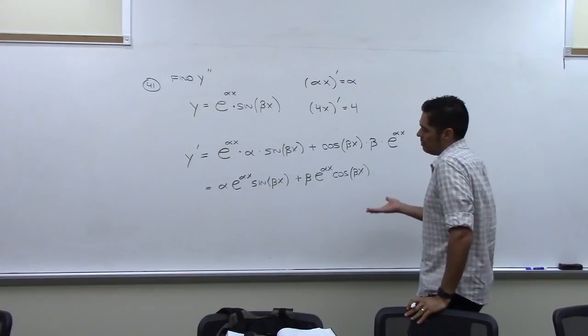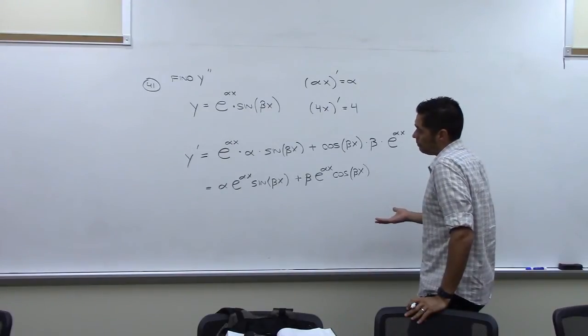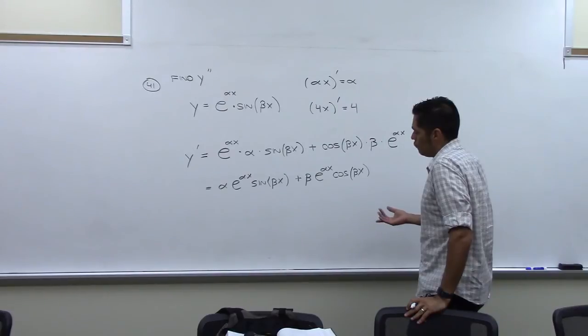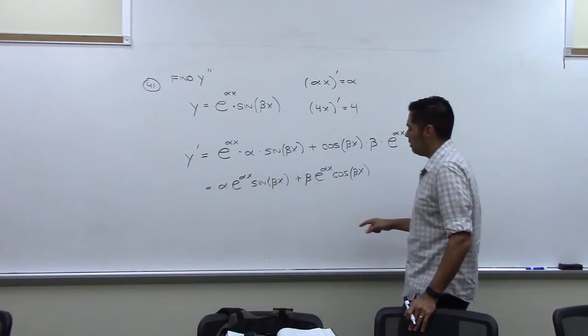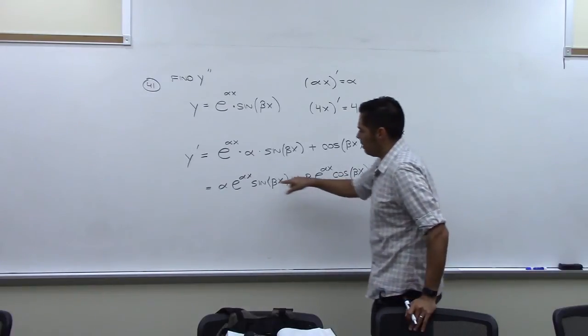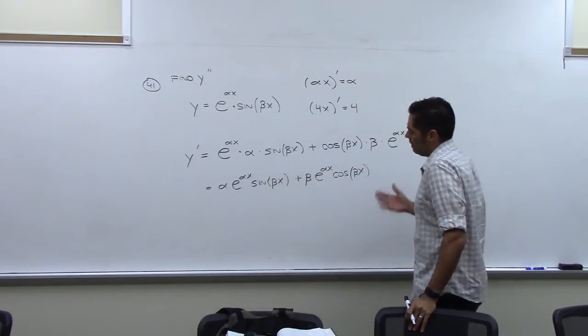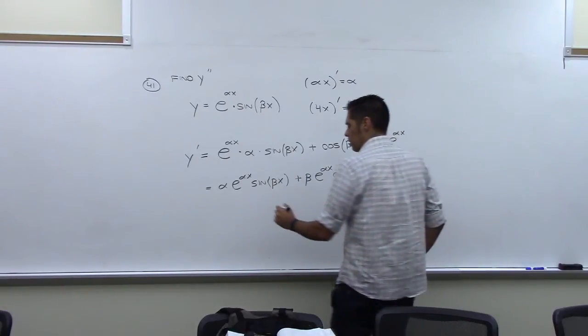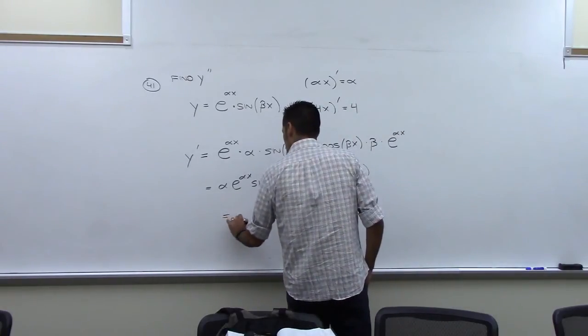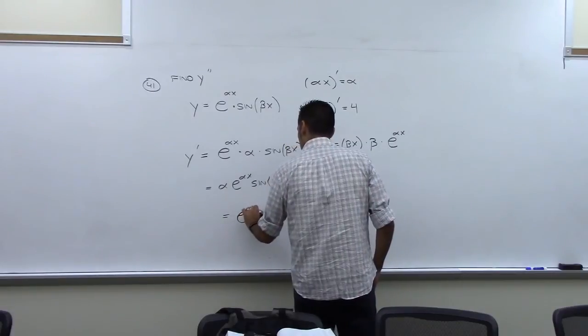Now I can go and take the second derivative right now, and just do each one separately because there's two terms here. Or I could notice that they both have an e to the alpha x and factor it out. Kind of my choice here. I think I'm going to factor out the e to the alpha x. Let me do that. E to the alpha x comes out.